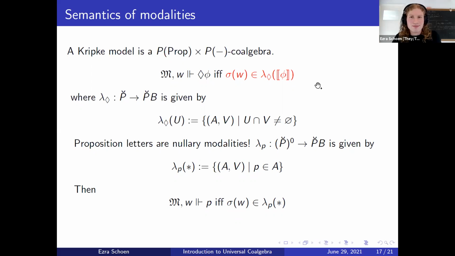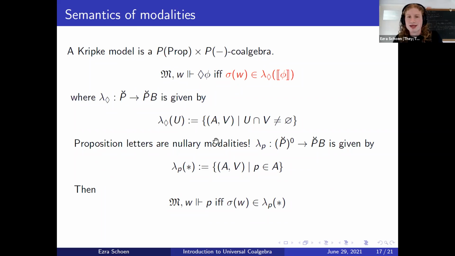Sorry, can you explicate where the V is coming from in the lambda P star? Yes. If you look here, the signature of our coalgebras is that you give two pieces of data: a set of proposition letters and a set of successor states.